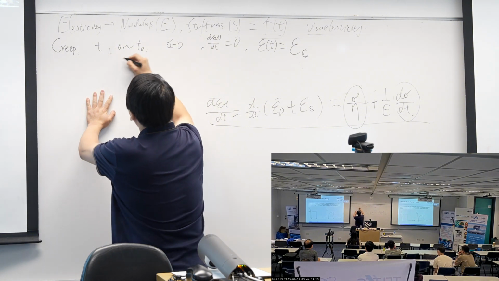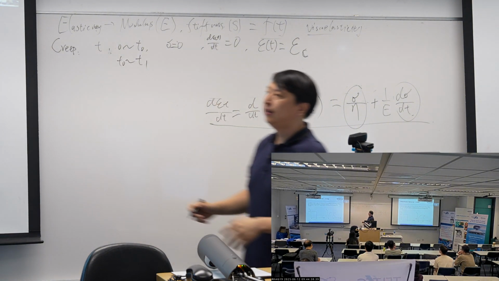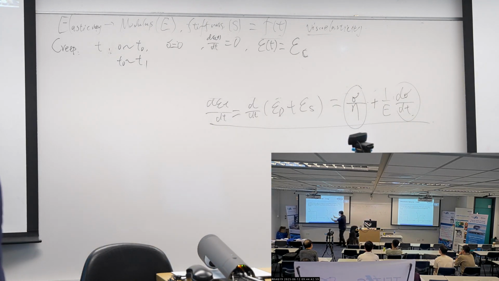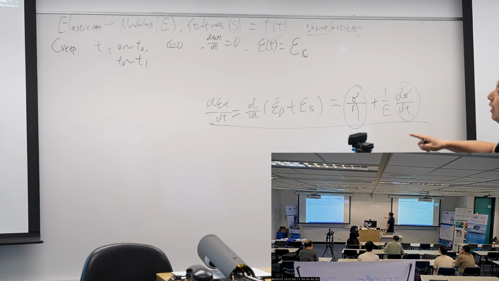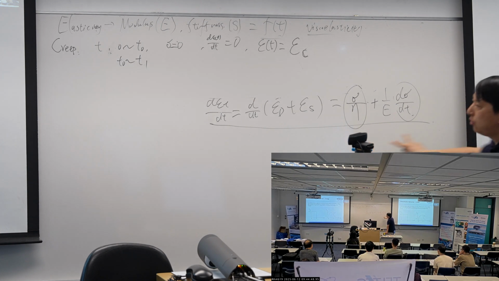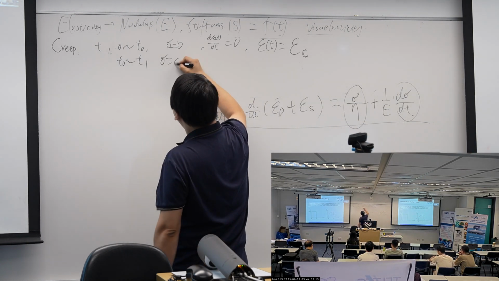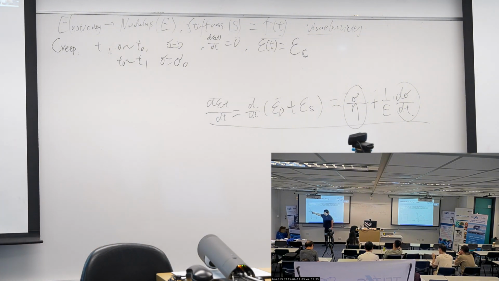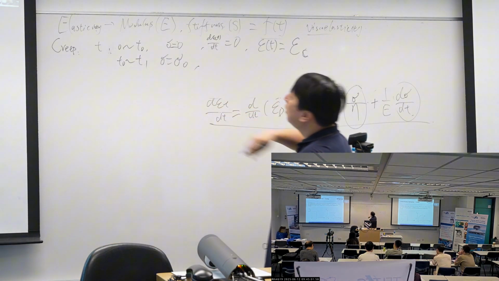Now, for T0 to T1, that's my game. I need to get this equation out. From T0 to T1, my sigma is sigma 0. And I hold the force, so it's always sigma 0. That's easy.